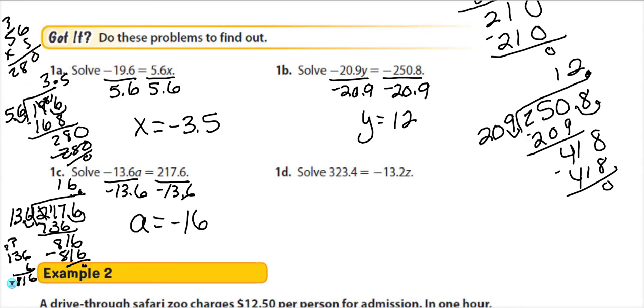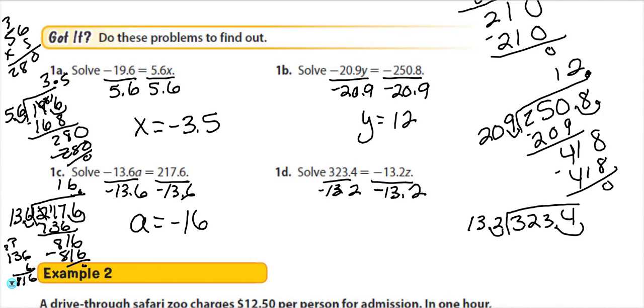All right, let's try the next one. So we're going to divide by negative 13.2. Okay, so 132 is going to go in 2 times for 264. 9.